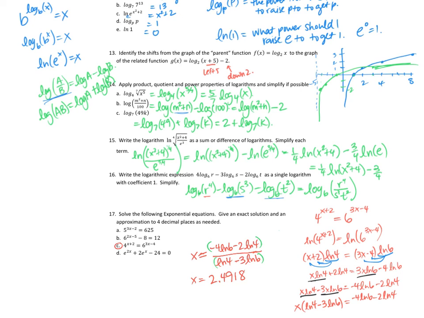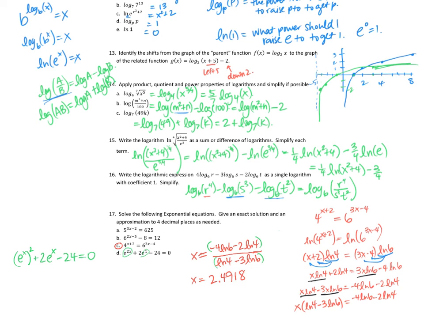Okay, so now let's do problem E. One thing I notice about problem E is that it looks like a quadratic, because I have an e to the 2x and an e to the x and then nothing here. So since that looks like a quadratic, I can rewrite this as e to the x squared plus 2e to the x minus 24 equals 0.